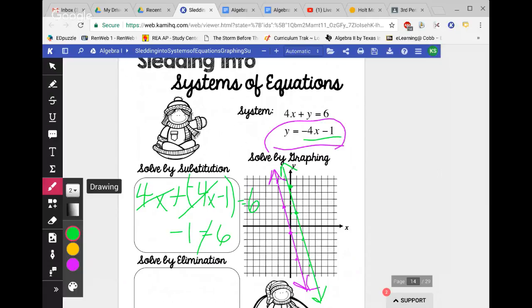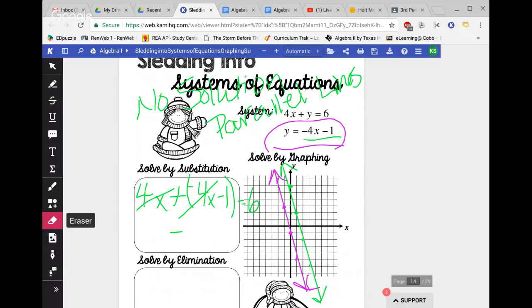And that's not a true statement. So it's no solution. Parallel lines. So we've done it by graphing. We've done it by substitution. And now all we have left is elimination. So we'll do that one.